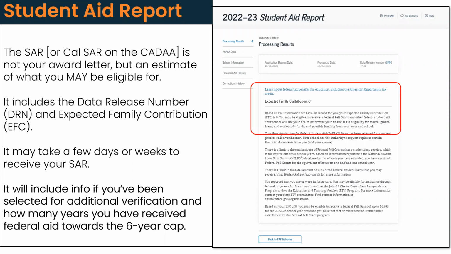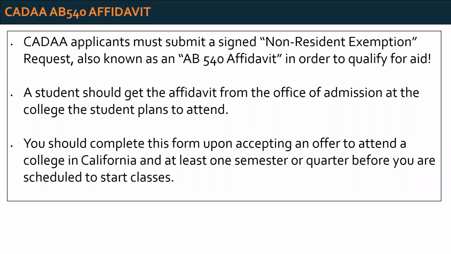Again, at least 30% of all students will be flagged for verification. So it's important that they respond to any requests for further documentation. And here at the top of the page, there is an option to print SAR if the student would like to have a printed copy.